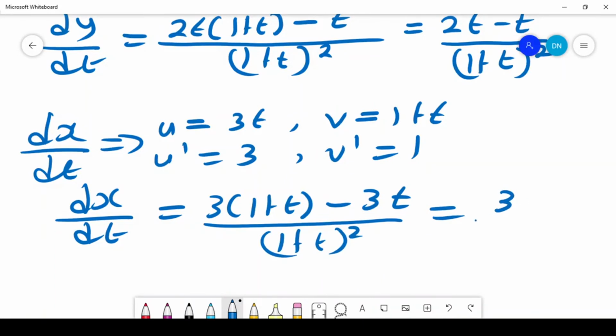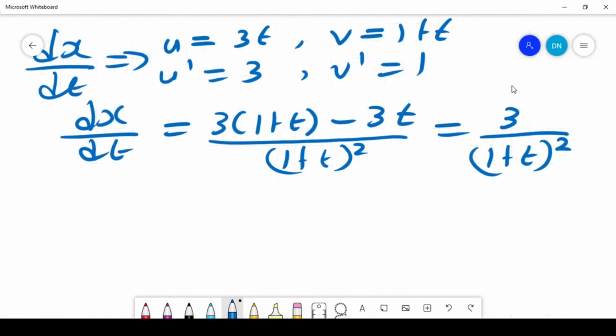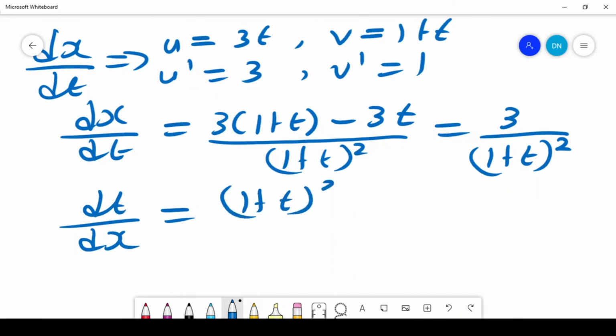And this simplifies to 3 over 1 plus t squared. Now, we are looking for dt/dx. dt/dx will then be equal to 1 plus t squared over 3.